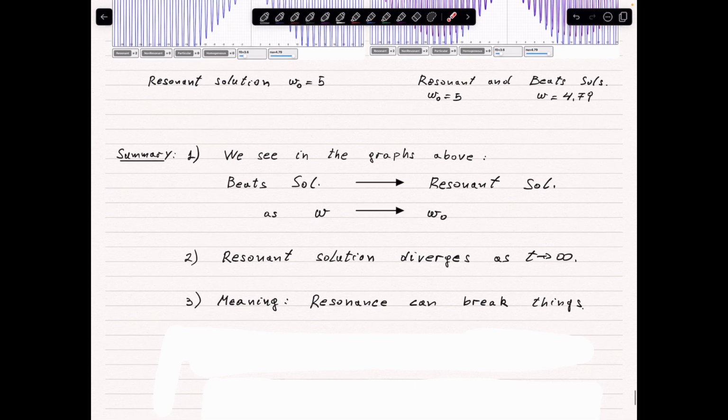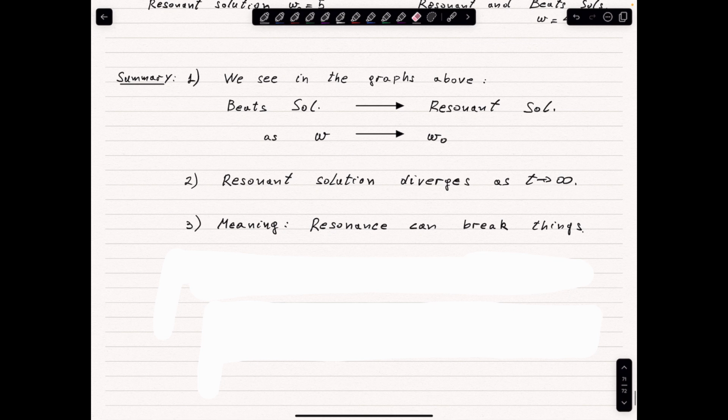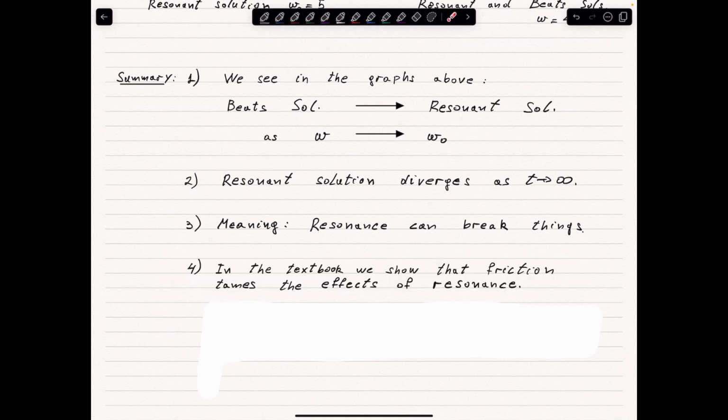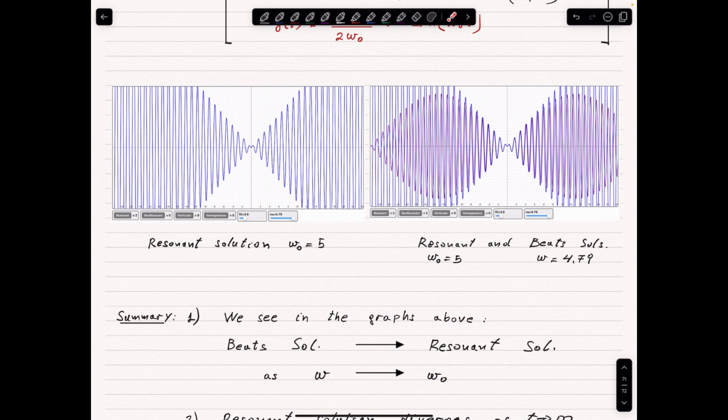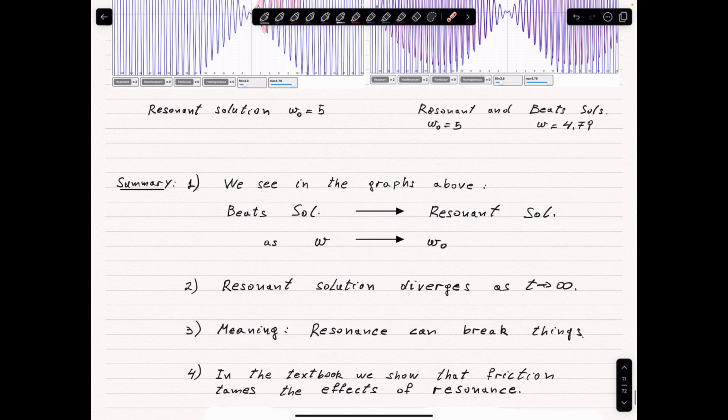Recall, this was our first assumption. It turns out that in real life, all systems actually have friction, and friction actually tames the effects of resonance. So you're still going to see, at the resonant frequency, when the force has the frequency of the natural system, an increase in amplitude, but because of friction, it's going to be finite, and most systems are not going to break.